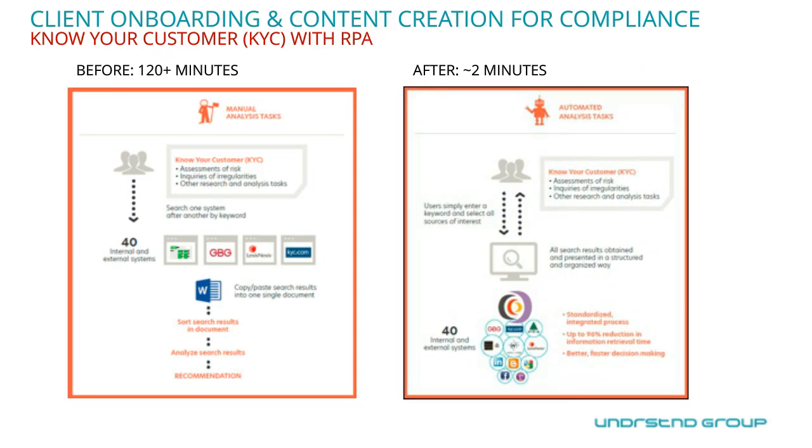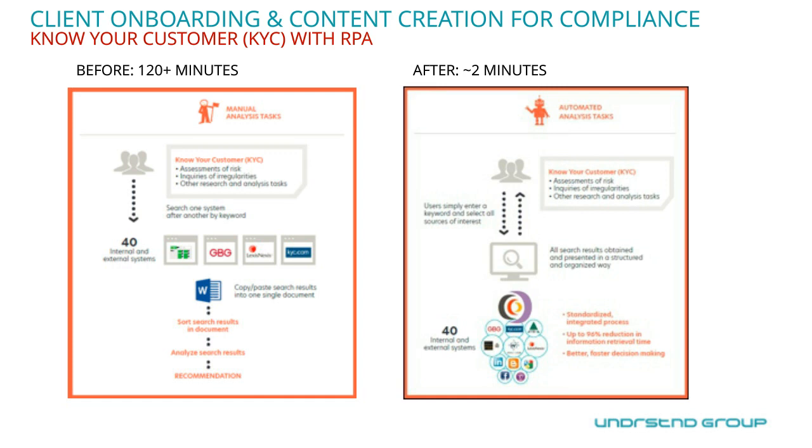What happens is, if you leverage that middle area that I talked about, that blue area with the business process and robotic process automation, these are the sort of benefits you can see. This is a vendor in the robotic process automation and content capture area, and it's just an example from one of their customers where it was taking over 2 hours to collect information from over 40 sources for a client onboarding and know your customer type of application.